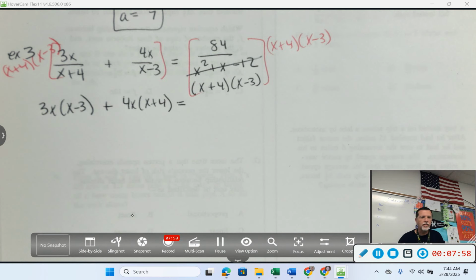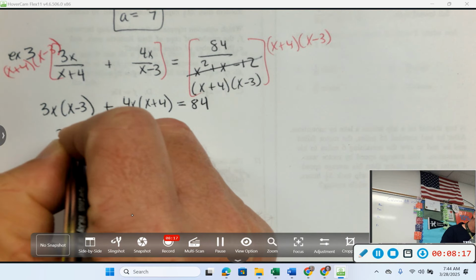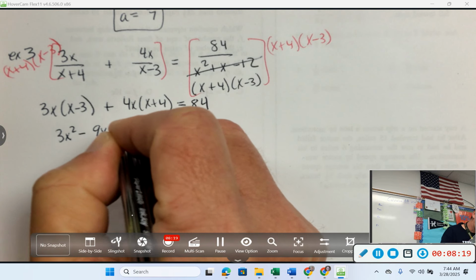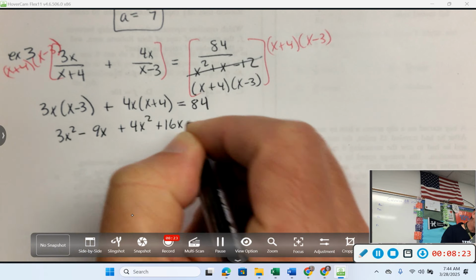And what happens on the right-hand side? 84. The best thing of all. Everything cancels. We're just left with the numerator. Alright, so 3x squared minus 9x plus 4x squared plus 16x.